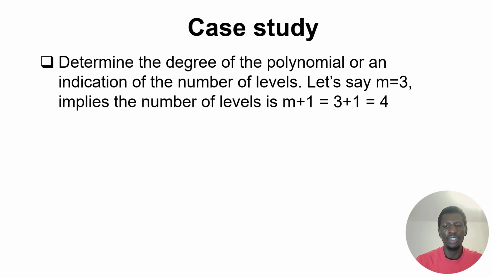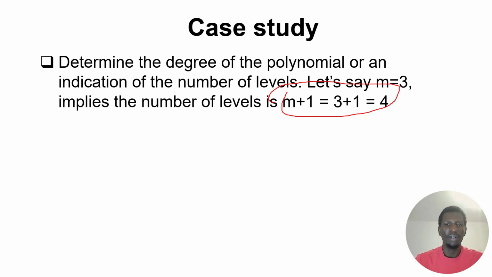If we say we want to study these experiments using a special cubic model, or a cubic model with degree of polynomial 3, meaning m equals 3, then the number of levels will be equal to m plus 1, which equals 4.